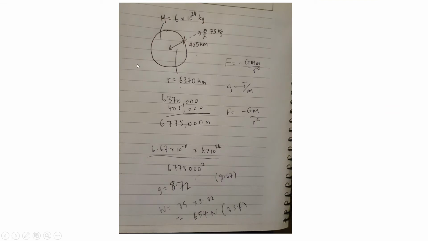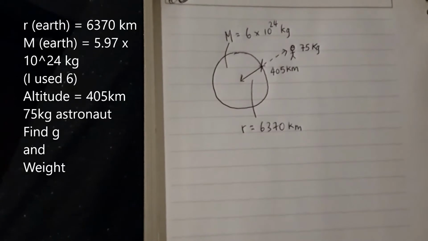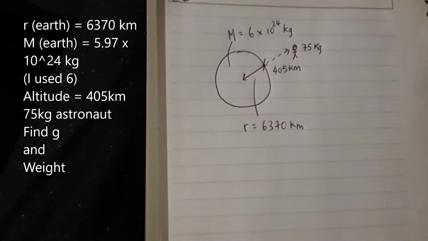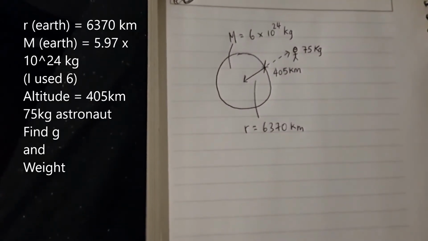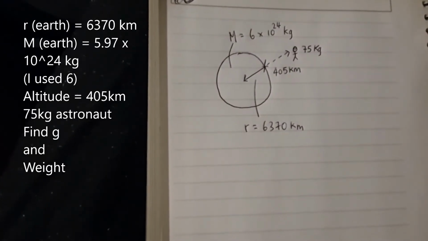And this was my working out. For this question, let me just read it out. The radius of the Earth is 6,370 kilometers, and it has a mass of 5.97 times 10 to the 24 kilograms.